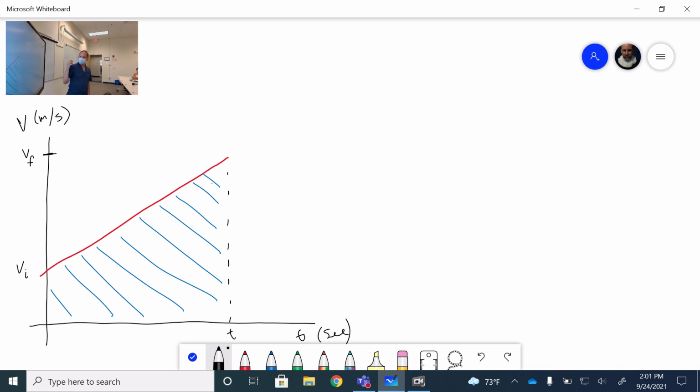Okay, so we said two things about this. Thing one, the slope of v versus t is acceleration. Is that readable? Yeah. Okay.